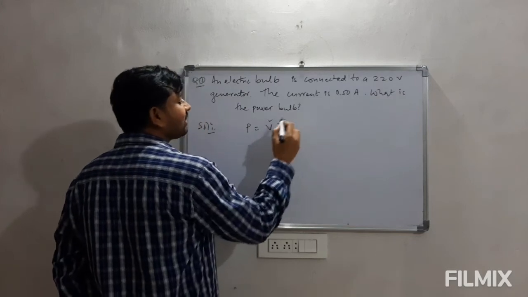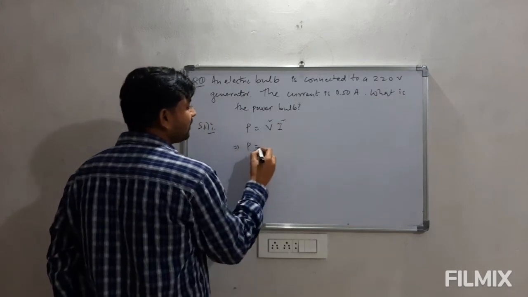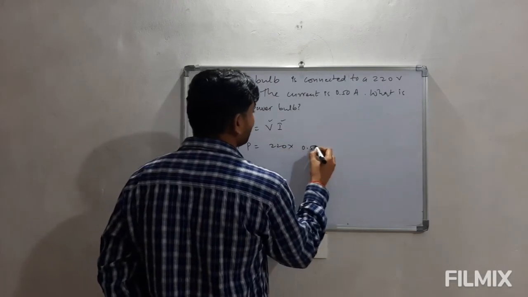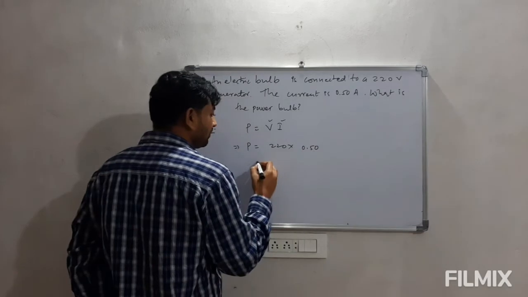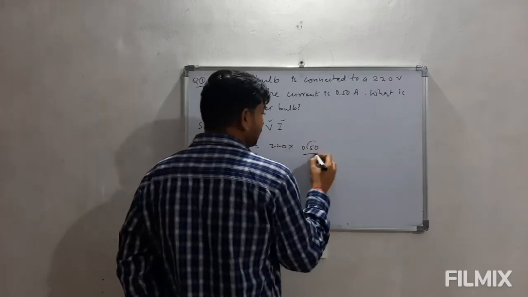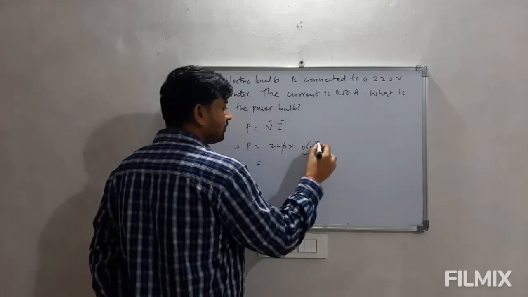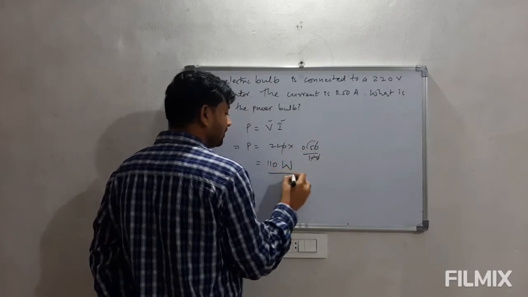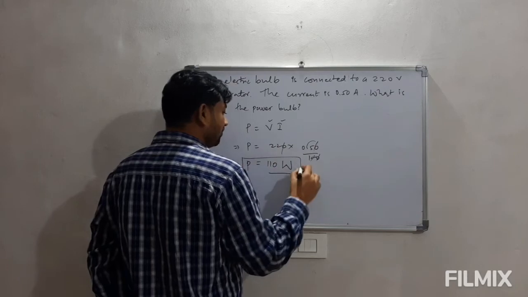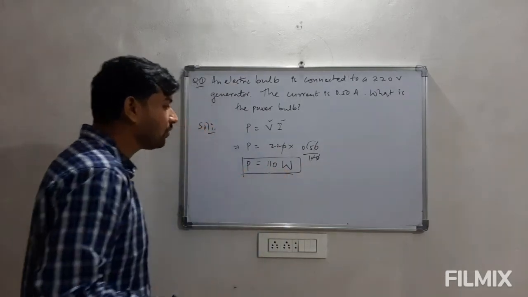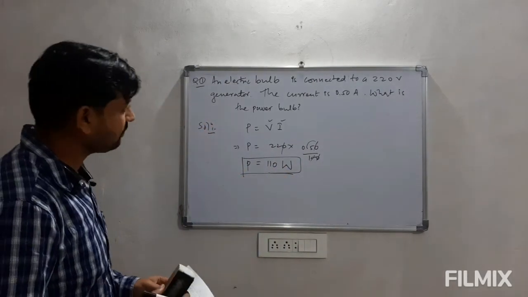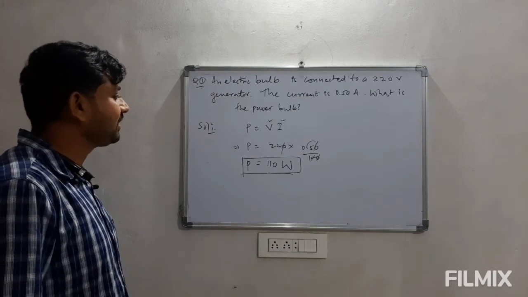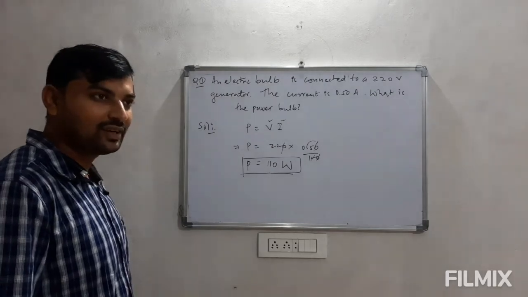Here we have V and I, so the power is simply 220 multiplied by 0.50. Removing the decimal, the two zeros cancel, so we get 110. So the power rating of that bulb is 110 watt.